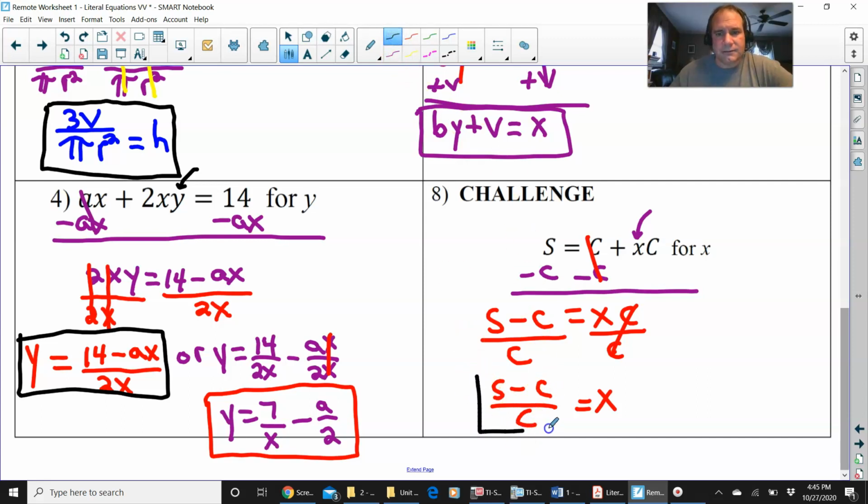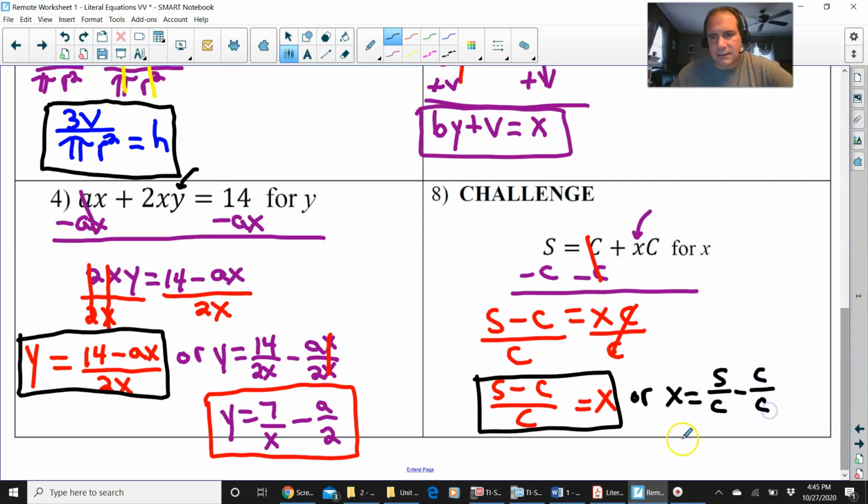That is your answer. Or you put x equals sc minus c over c, and that would become x equaling sc minus 1.